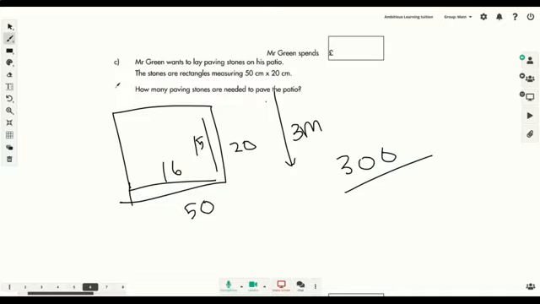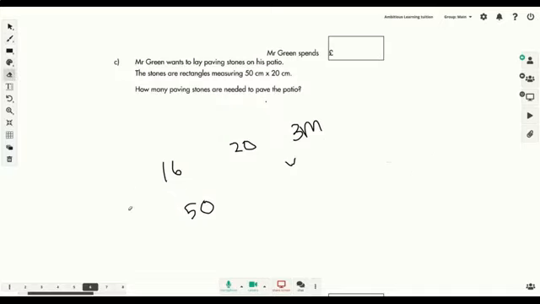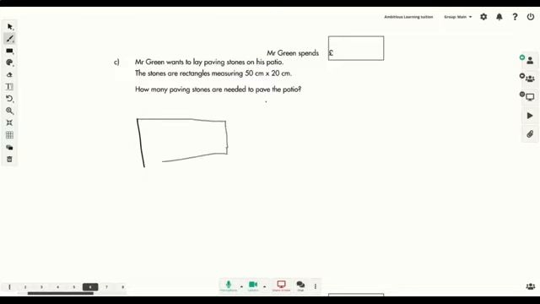Let me do this again because some of you are getting confused. Inside one, this one is 15, this one is 16. Here you are given 20, and here you're given 50.